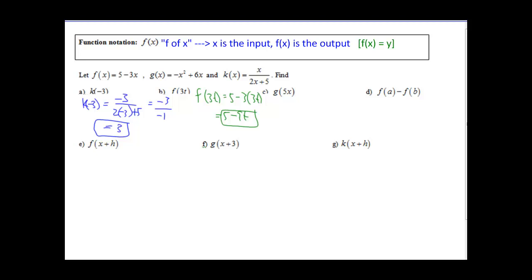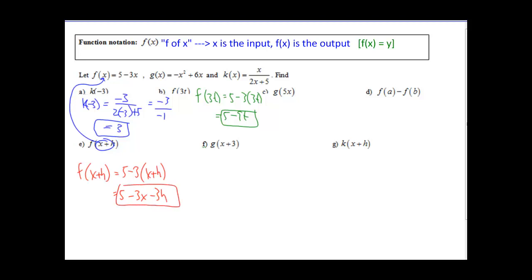For e, we have x plus h in the f function. We input it in the f function up there. So f of x plus h equals 5 minus 3 times x plus h. Distribute through: 5 minus 3x minus 3h. We cannot combine anything, so there are our values.